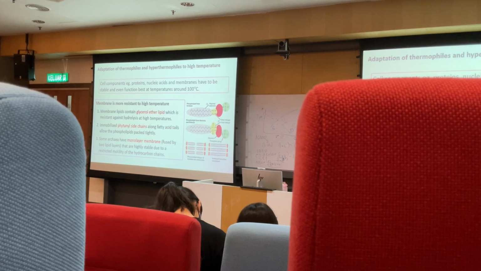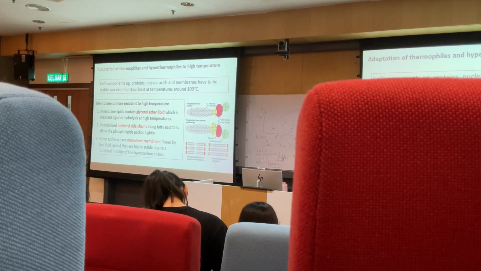The isoprenoid side chain is something that actually extends from the fatty acid. So all these eukaryotes and common bacteria do not have the isoprenoid side chain. This side chain stands aside to make interactions with the fatty acid tails to each other, so that they are strong and not vulnerable to the temperature.